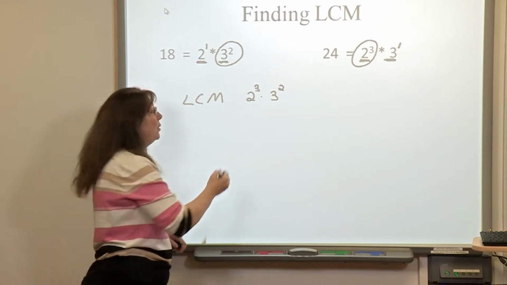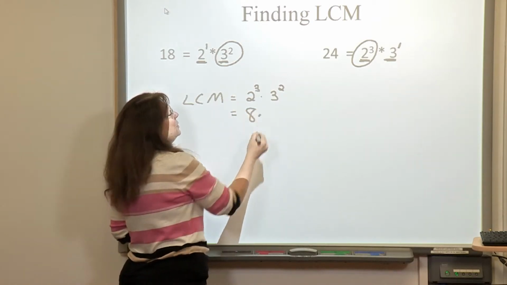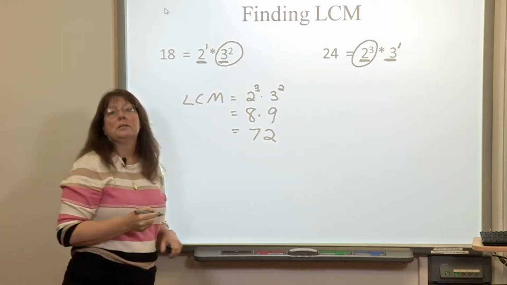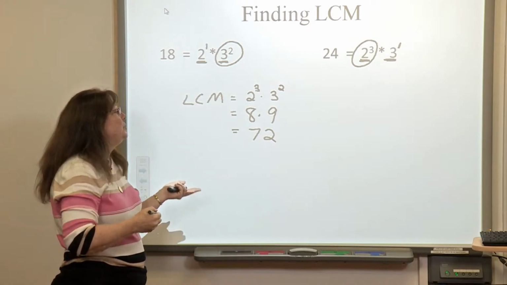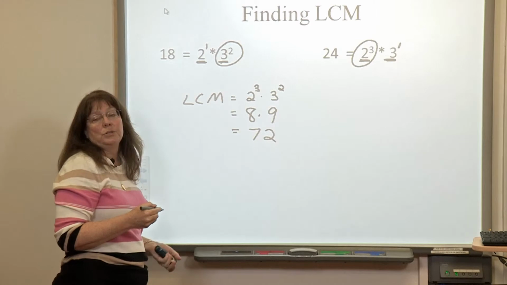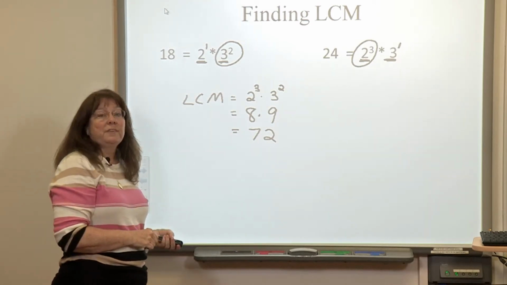I can go ahead and multiply these. I've got 2 cubed or 8, 3 squared or 9. So it looks like 72 is going to be your least common multiple. 72 is a multiple that 18 goes into and also 24 goes into. So it's going to be something that they have both as factors.